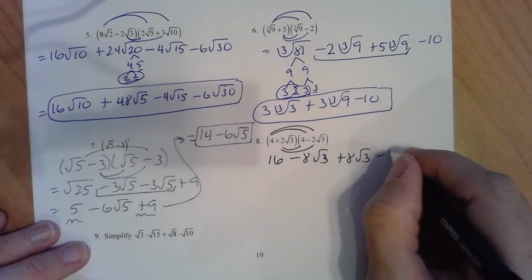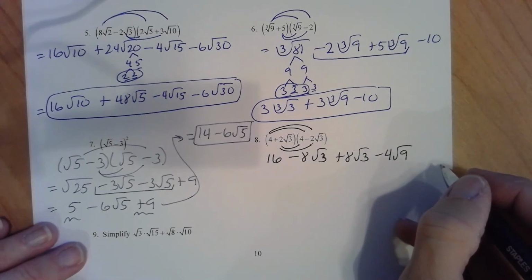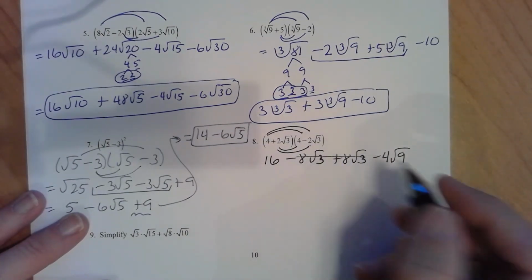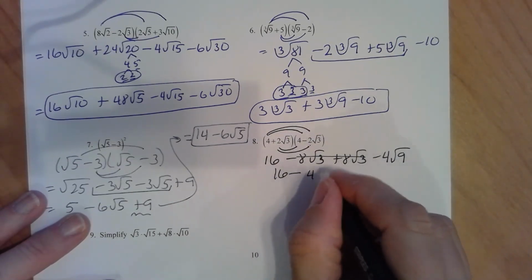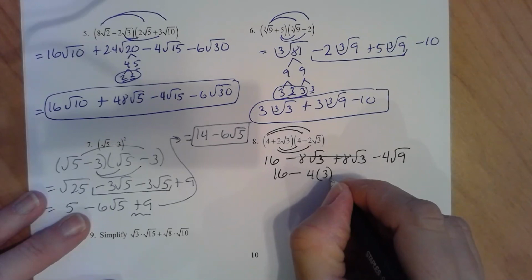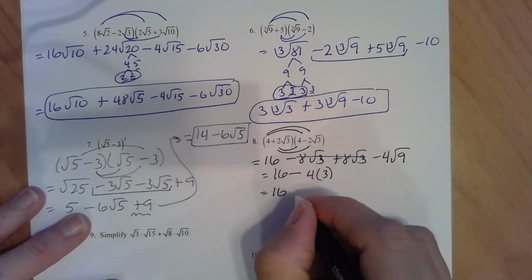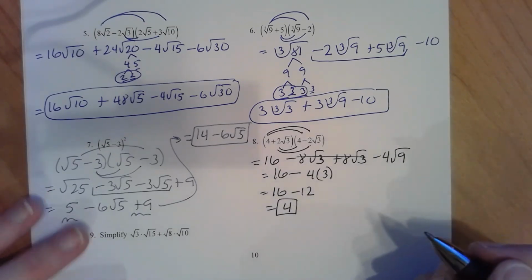Well, 2 times negative 2 is negative 4, and 3 times 3 is 9. So this is negative 8 square root of 3, this is positive 8 square root of 3, those cancel out. So I get 16 minus 4, and the square root of 9 is 3, so 3 comes out. We get 16 minus 12, and 16 minus 12 is 4.